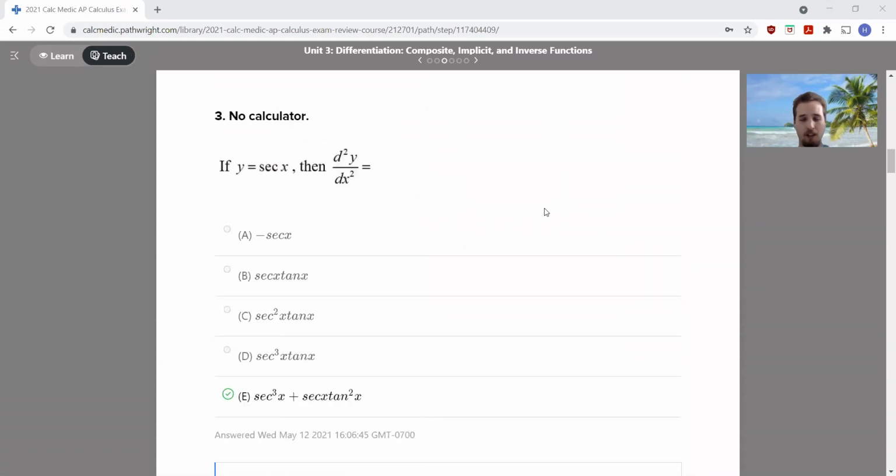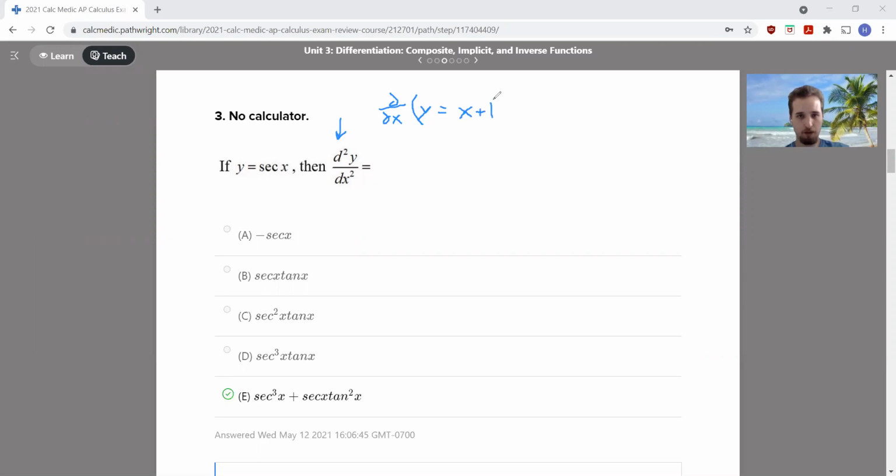Okay. You can't escape trig derivatives. You're going to be tested on this. So, first off, what does this mean? If I take the derivative of a function y, let's say y equals x plus 1 or something, right?